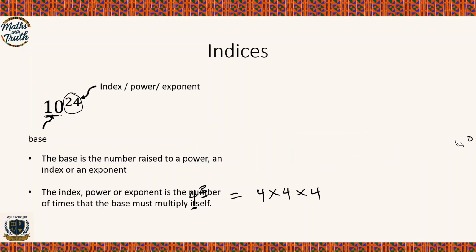But then just know that the base is the number multiplying itself, and the exponent indicates the number of times that the base should multiply itself by. So this number is 10 multiplying itself 24 times. That's quite huge, right?